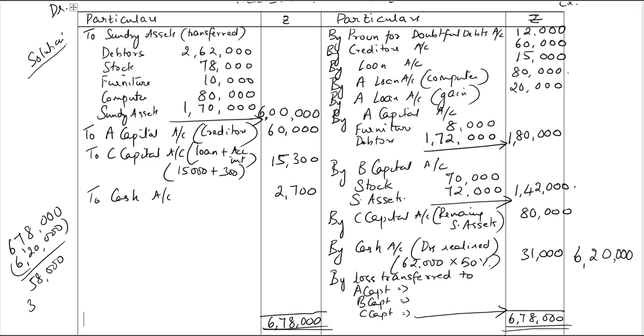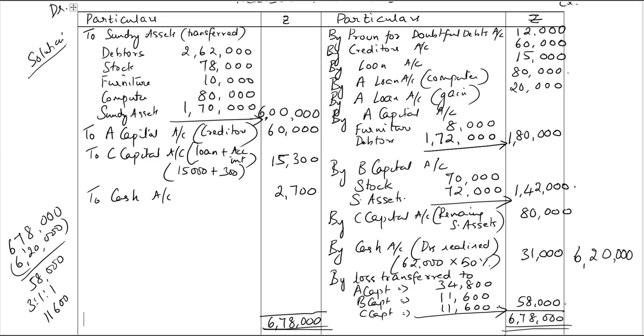The profit sharing ratio is 3:1:1. On dividing by 5, we get 11,600. So for partner B and for partner C, the loss is 11,600. And for partner A, it's 11,600 multiplied by 3, which is 34,800 rupees. So this is the realization account.